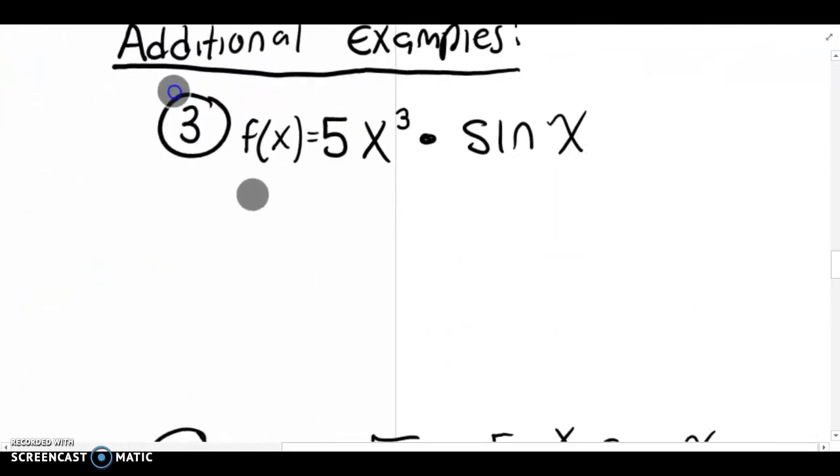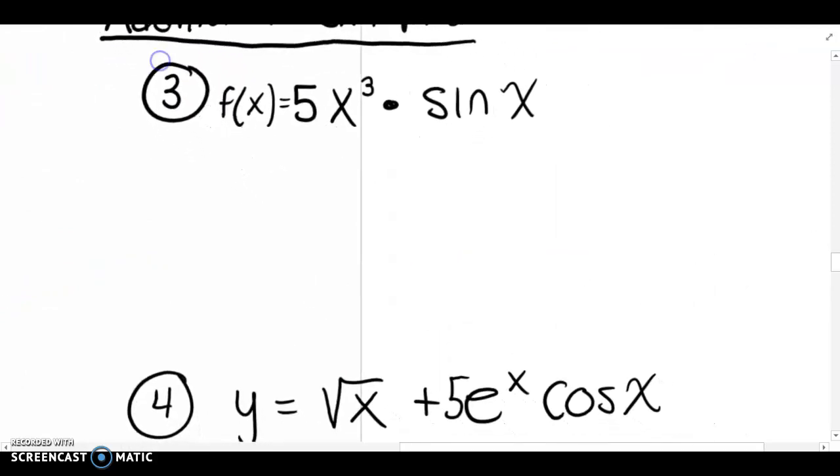So looking at the first one here, 5x cubed times sine x. Same process as we've done before. Identify your left term. Identify your right term. So left and then right. So now we can say that product rule to ourselves.